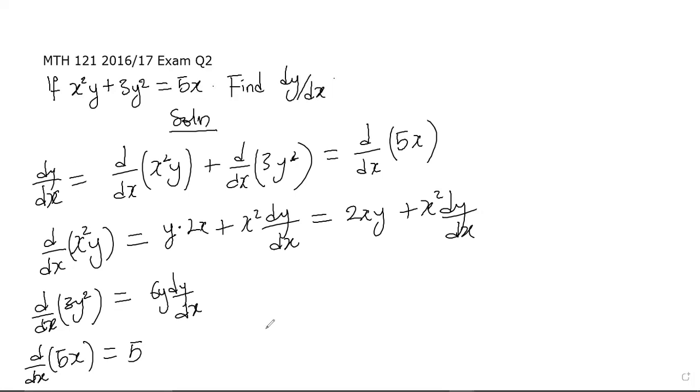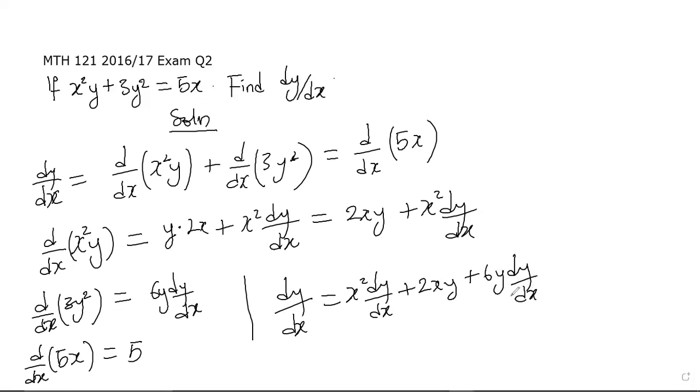So I've finished differentiating term by term. So our dy/dx now will be, the first term was x squared dy/dx plus 2xy. See this? Plus 2xy. Now our second term was 6y dy/dx, plus 6y dy/dx, and that equals 5.